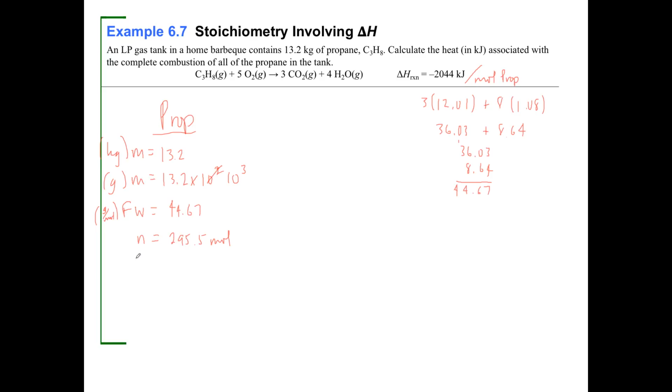Okay, so the change in enthalpy of the reaction is equal to minus 2044 kilojoules. And they want to know, calculate the kilojoules associated with the combustion. All right, great. So what this means is we've got 295.5, watch this, moles of propane.